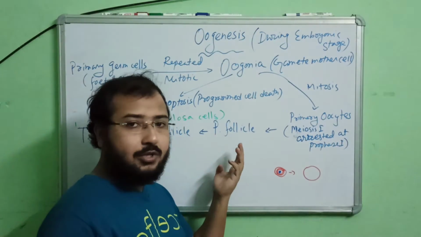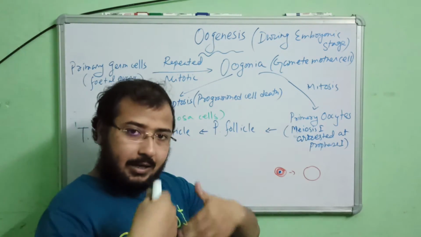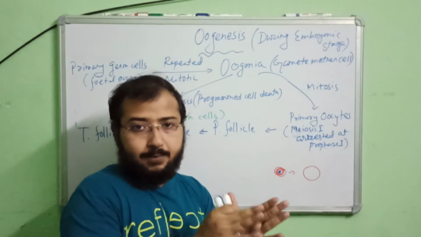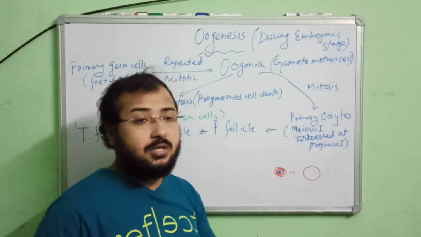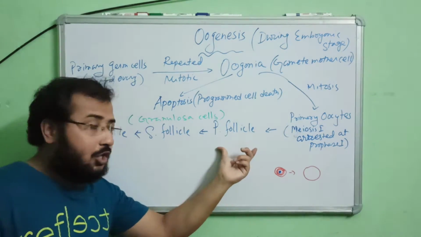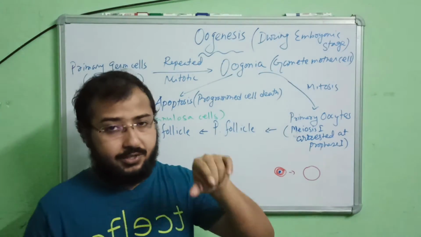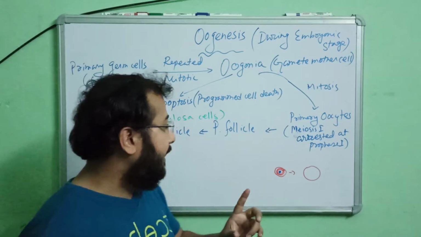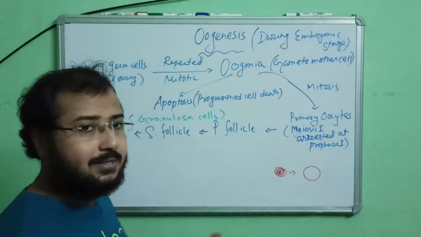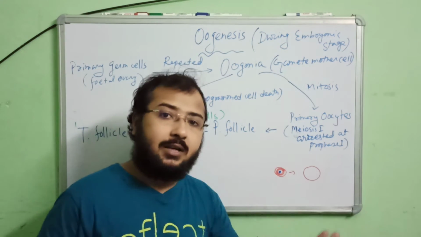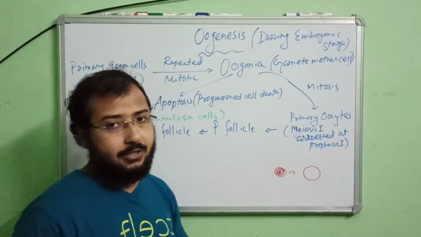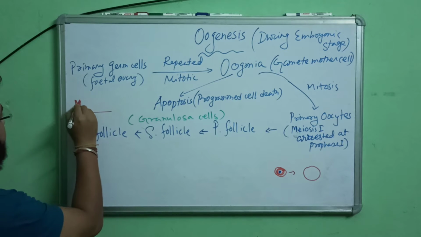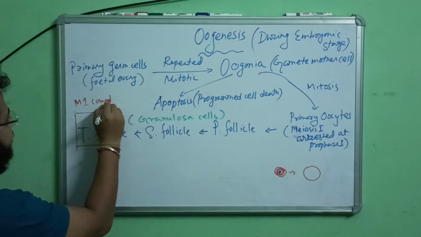Once follicle formation starts, it is unlocked and moves to the metaphase, anaphase, telophase stage. So meiosis 1 continues simultaneously while the follicles are forming around it. I hope it's clear. By the time the tertiary follicle forms, meiosis 1, the first meiotic division, is completed.